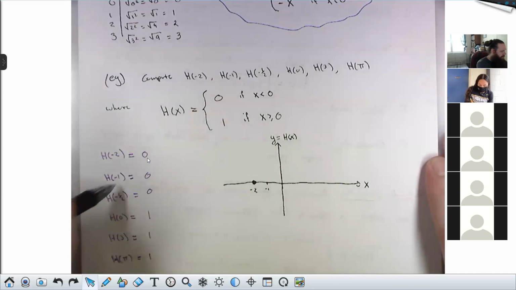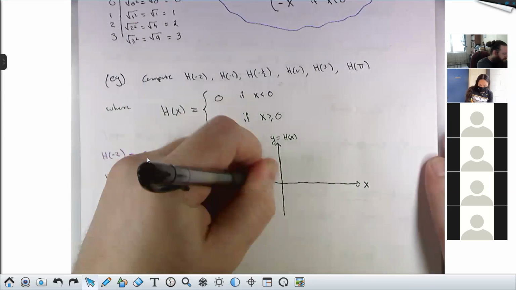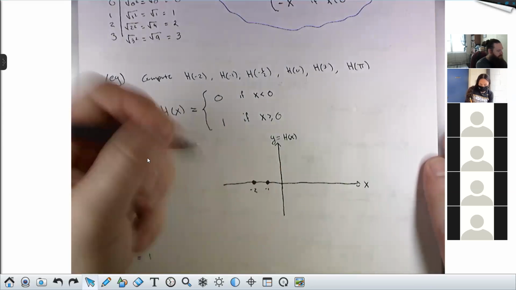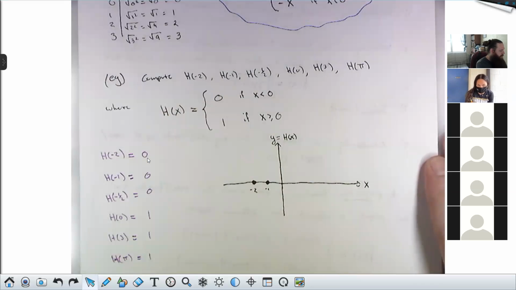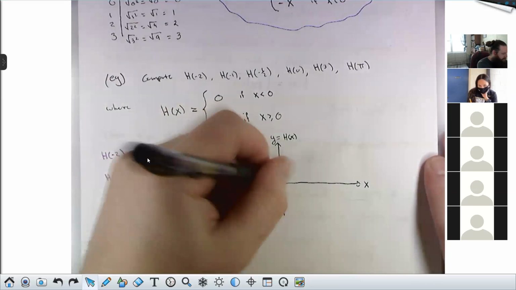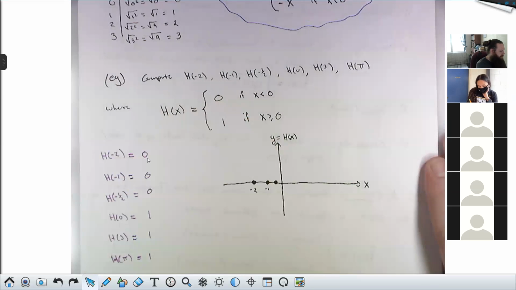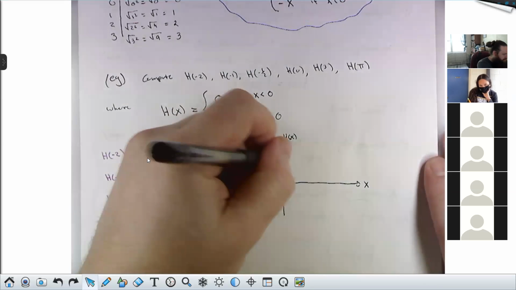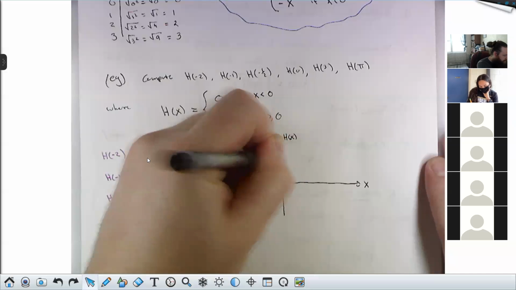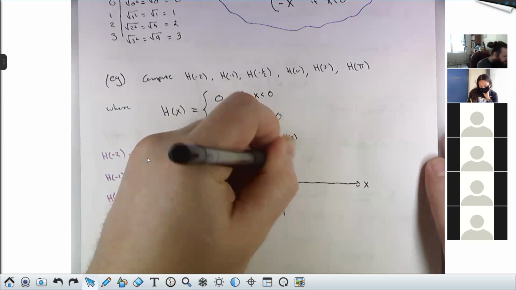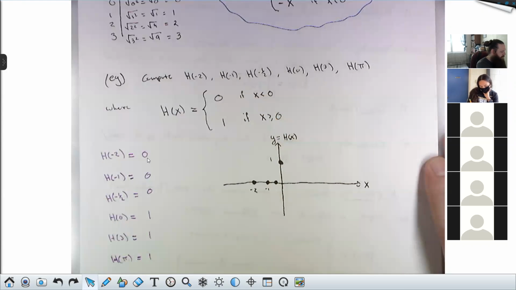The fact that h of -1 equals 0 tells me that the point -1, 0 is on the graph. H of -1/2 equals 0 tells me that -1/2, 0 is on the graph. H of 0 itself is equal to 1. So that tells me that 0, 1 is a point on the graph.